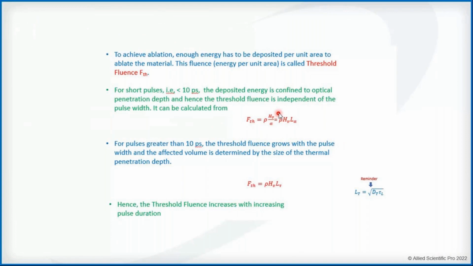So threshold is density, heat of vaporization, and basically optical penetration depth. But in case of pulses greater than 10 picosecond, this is dependent on L tau, which is the thermal penetration depth, and that depends on the pulse width. So threshold fluence increases with increasing pulse duration. So here's a difference between the two cases that we have to consider.